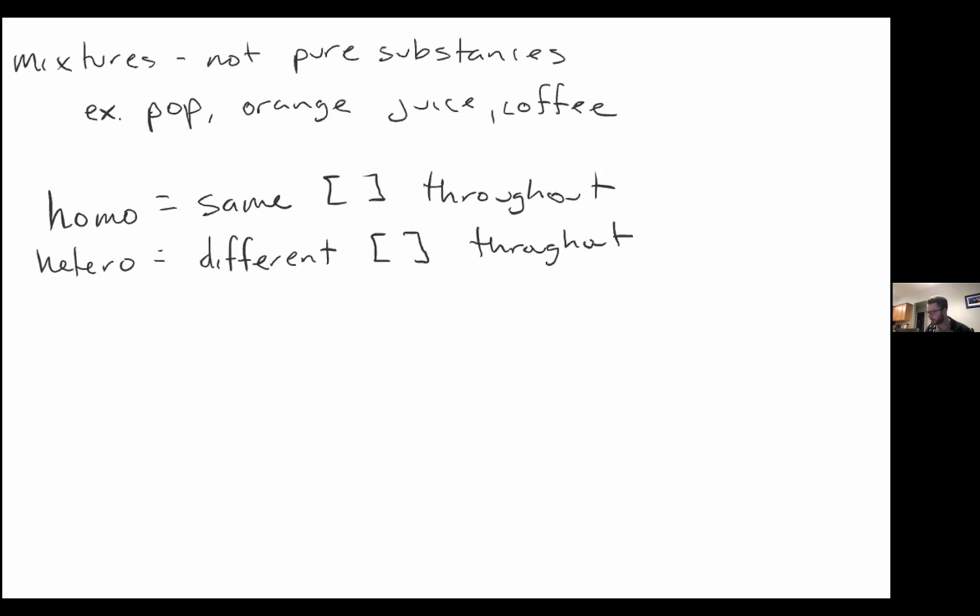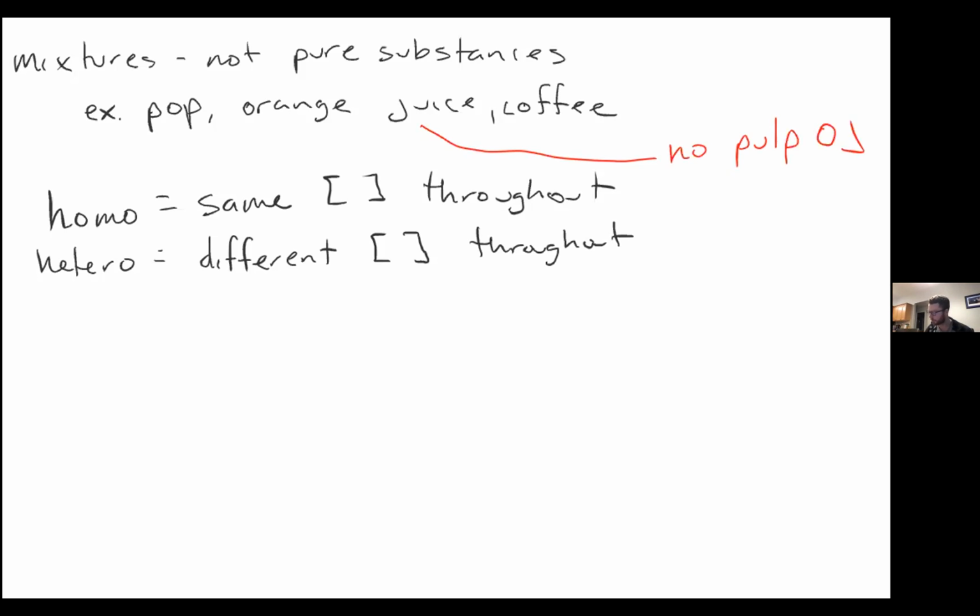So for example, if we had, I don't know, if we had like no pulp orange juice, it could be the same concentration throughout. But if it was like pulp orange juice, if there's different concentrations of pulp throughout that mixture, then it would be a heterogeneous mixture. Okay.